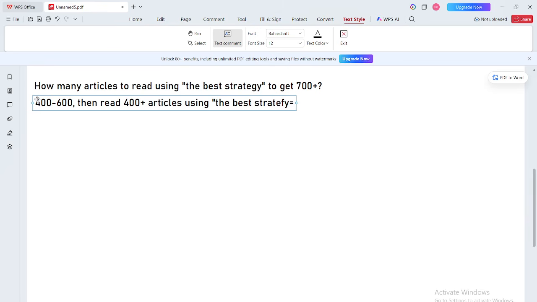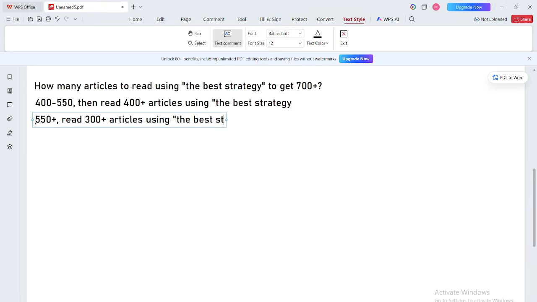Strategy. All right. And then if you are, let's say, not 600 but 550, let's say 550 in here. If you are between 550 plus, then you have to read, for the maximum number I'm telling you, over 300 articles using the best strategy.